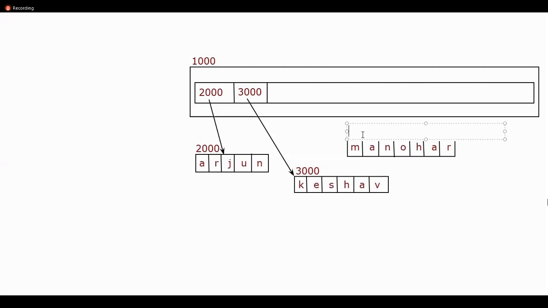Now, Manohar happens to be a new string object, so 100% it should also have a brand new address in memory. For the sake of our understanding, let me give the brand new address for this Manohar object as 4000. In other words, the next value that has to be stored in my list, after Arjun's data and Keshav's data have been taken care of, is a string called Manohar.